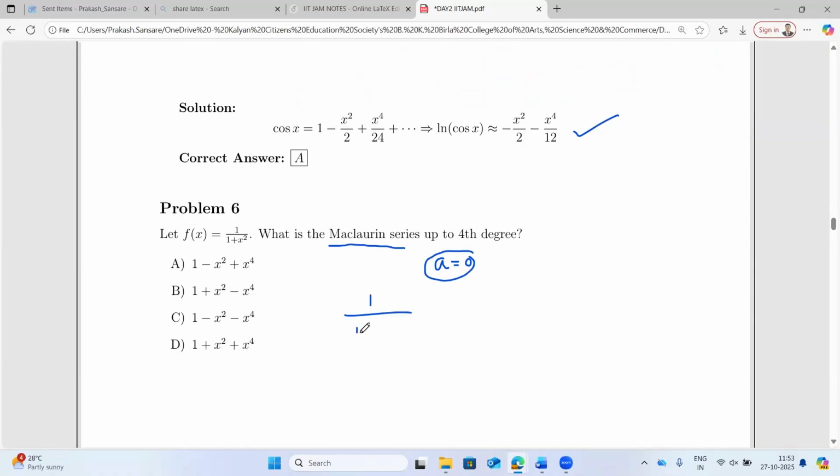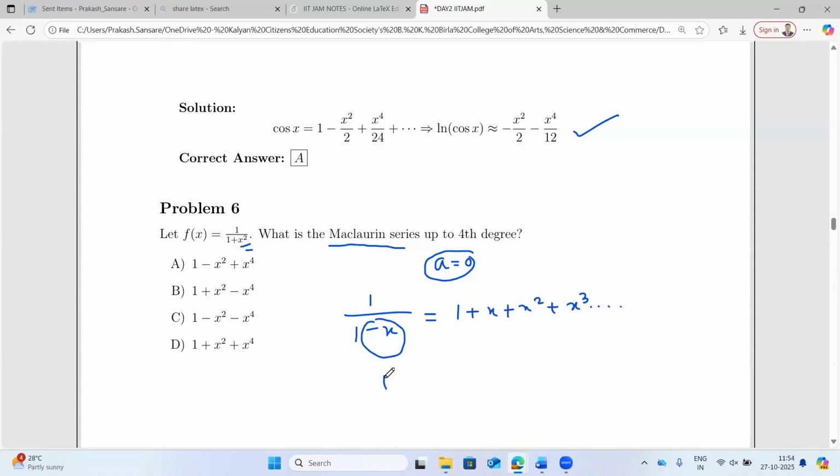And I know that 1 upon 1 minus x has a formula: 1 plus x plus x square plus x cube plus dot dot dot. So now instead of minus x, what I want here is x square.